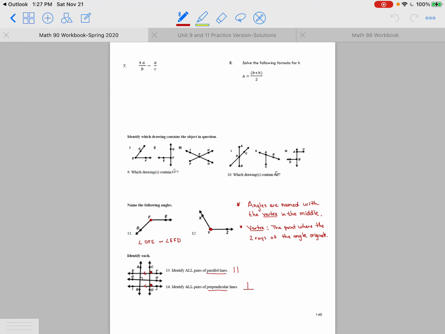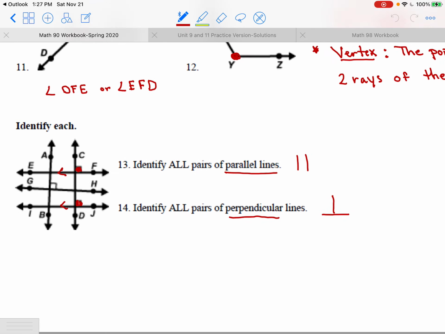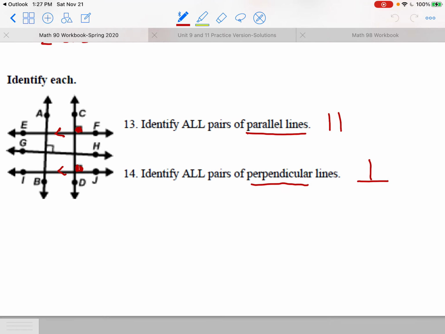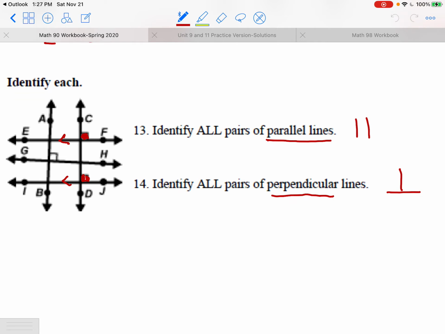I'm going to move all the way to 13 here. Let's move that up so we don't get distracted with the ones before. Sometimes when these lines are intermixed with a lot of other lines, it's a little bit harder to figure out what we have. Number 13 is asking to identify all pairs of parallel lines, okay?